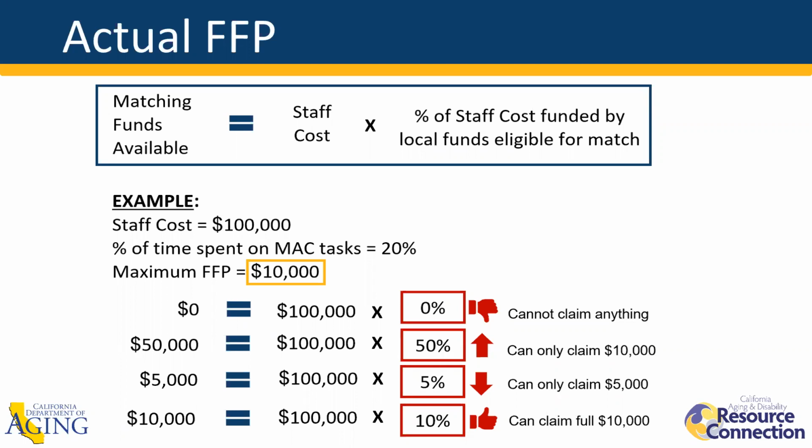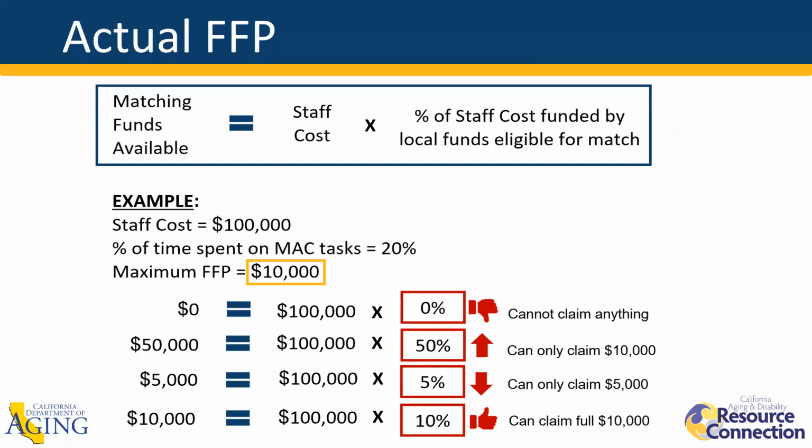So let's look at the third example. This time, let's say Jane Smith's position is funded primarily with federal dollars, and this time only 5% with local funds. So 5% of 100,000 is 5,000. So even though the maximum FFP is 10,000, we can't claim that full 10,000 because we don't have 10,000 local matching funds available. We only have 5,000. So in this case, we can only claim 5,000.